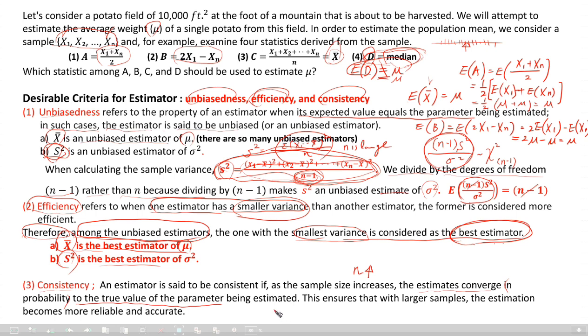We say that the estimator is consistent. We will see a couple of examples for consistency next time. This ensures that with larger and larger sample sizes, the estimation becomes more reliable and accurate. Of course, that is a good property, right?